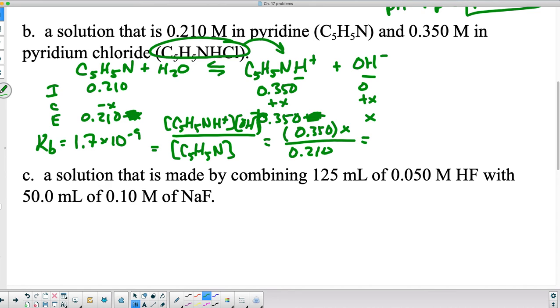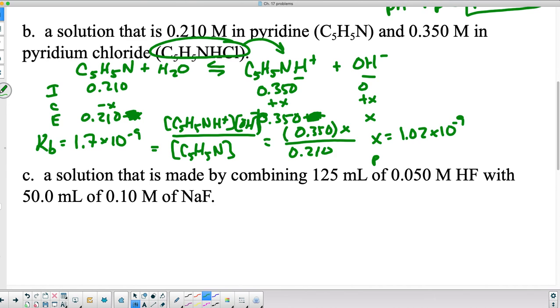I solve for x, but this x is going to be the hydroxide ion, not the hydrogen ion, so we have to do a little extra math at the end. x equals 1.02 times 10 to the negative 9th. That's the hydroxide.